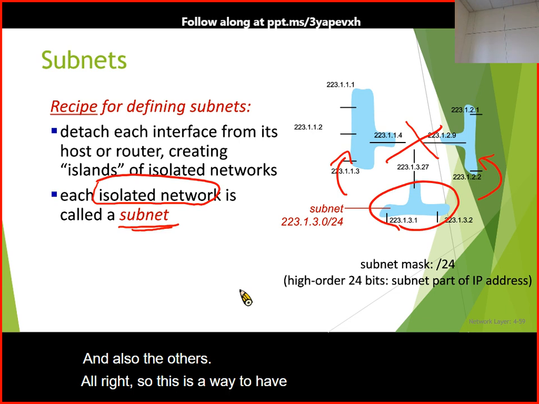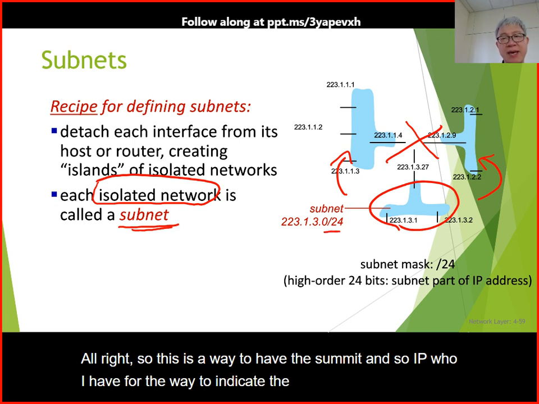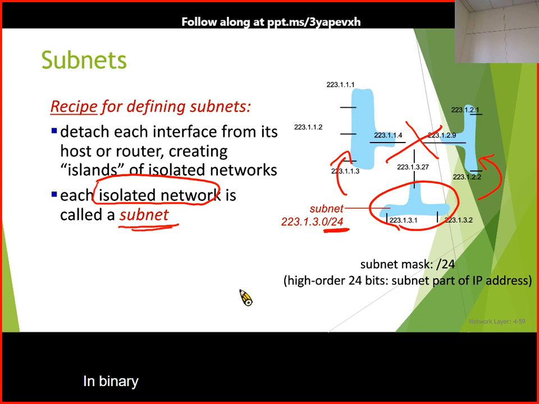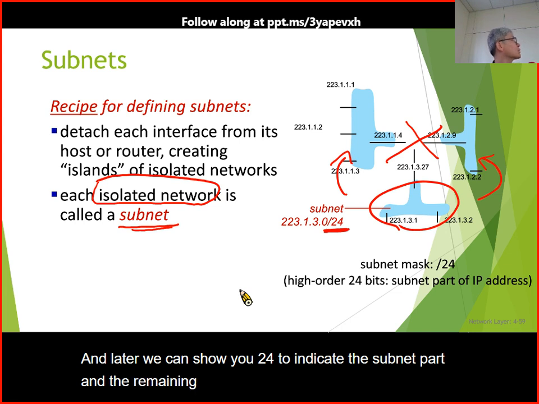And of course, for the IP, we will have a way to indicate the subnet part. So in binary, how many digits here? 24. And later we can show you that 24 indicates the subnet part. And the remaining part will be the host part.